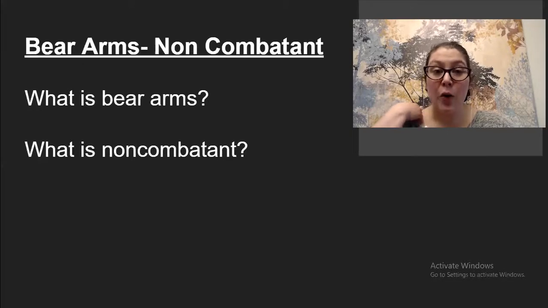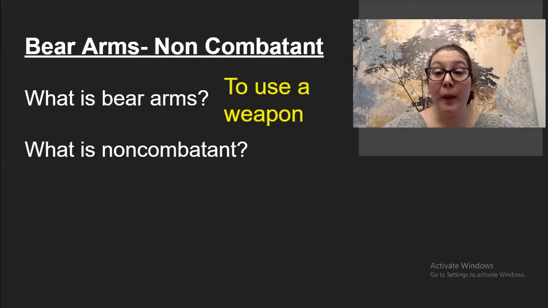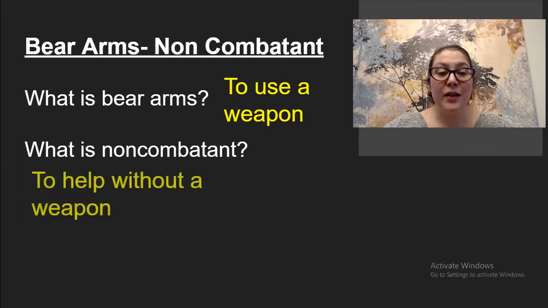Bear arms or non-combatant. What is bear arms? To use a weapon. What is non-combatant? To help without a weapon. They will ask you to promise to do both of these things. Are you willing to bear arms on behalf of the United States? Are you willing to perform non-combatant services for the United States?